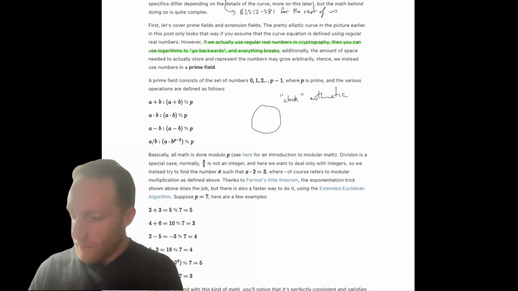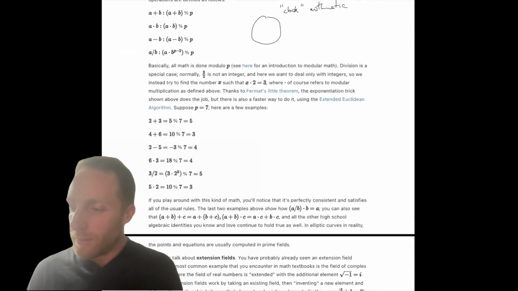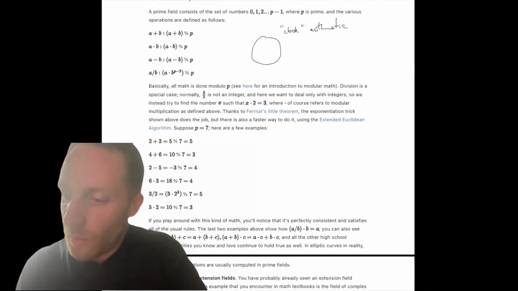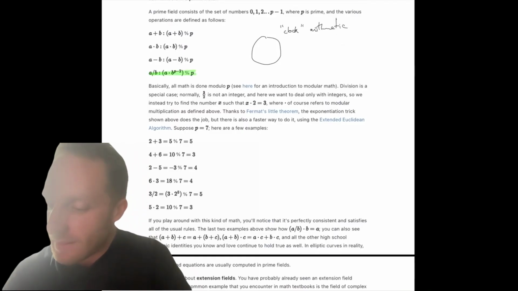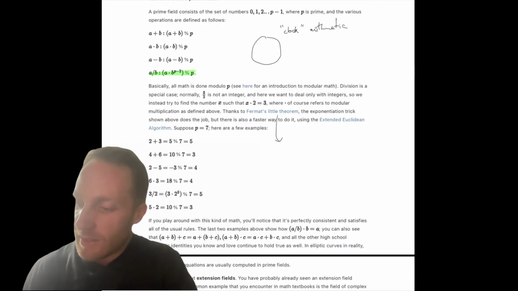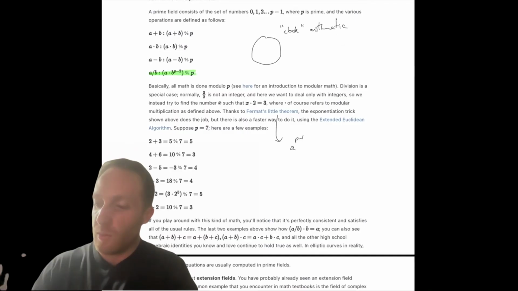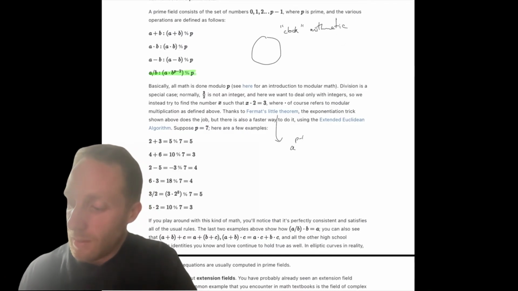Okay, the one weird thing is the division here, which maybe people don't know. I have to remind myself. Fermat's little theorem basically says that A raised to the power of p minus 1 in the group F_p will always be equivalent to 1 mod p.